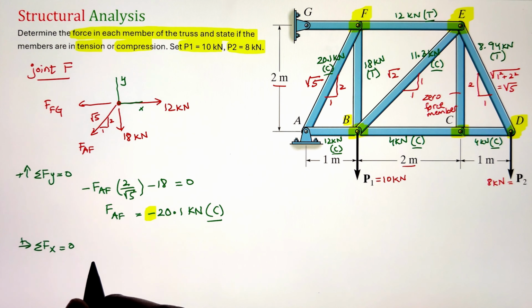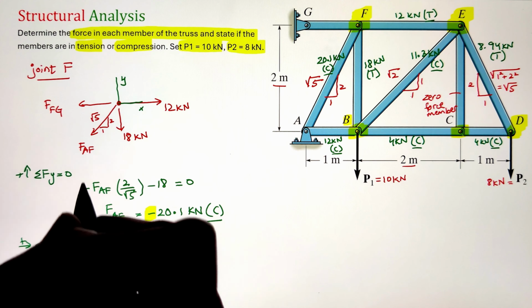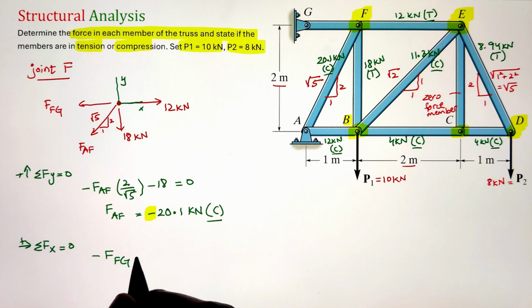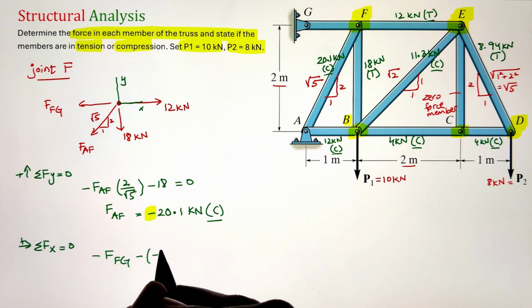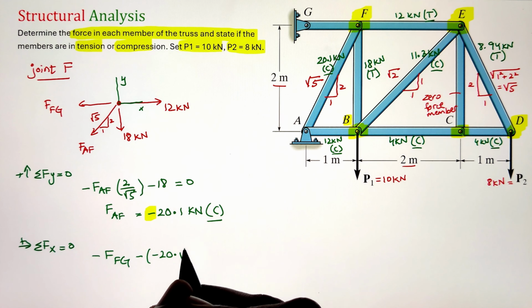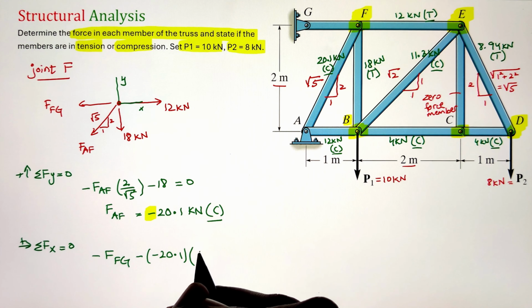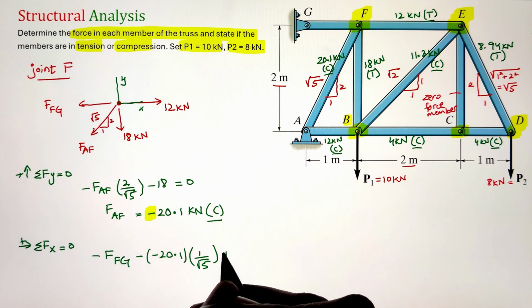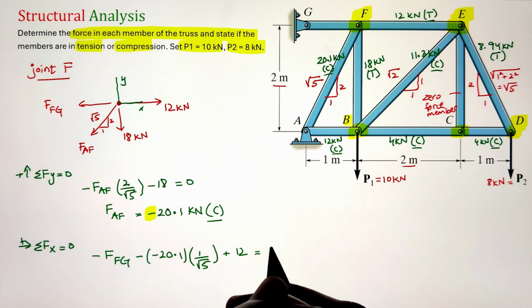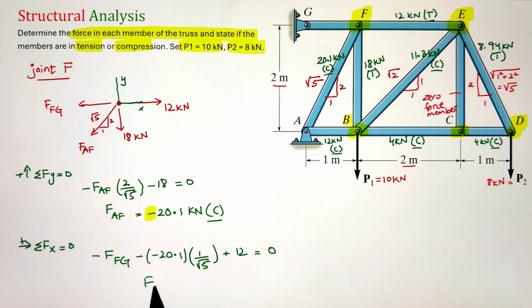Now, finally, our last equation is summation of forces along the x direction equals to 0. Here, our force in member GF is going towards the left. That's why taken as negative. Again, our FAF x component will also be pointing towards the left. That's why I have a negative value as well.